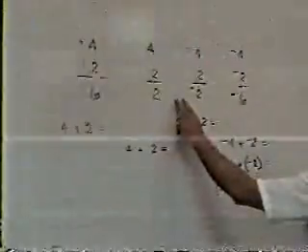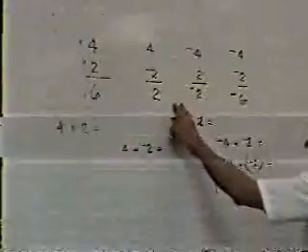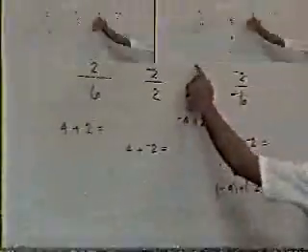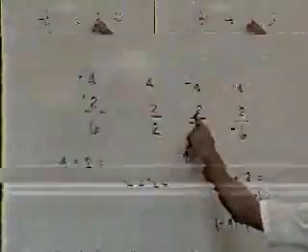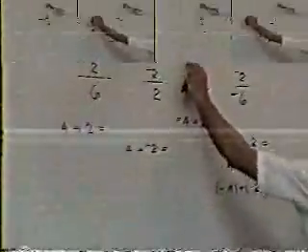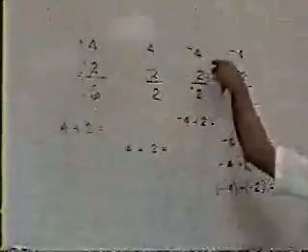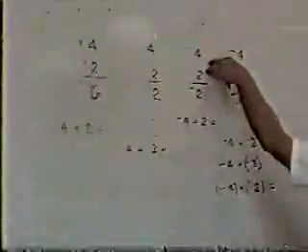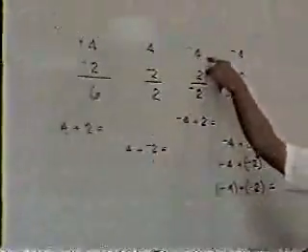Subtract the numbers, take the sign of the largest absolute value number. See? Now you got to realize that a -4 is not bigger than a 2, but I'm talking about the absolute value. You subtract the numbers, absolute values, and take the sign of the largest absolute value number.